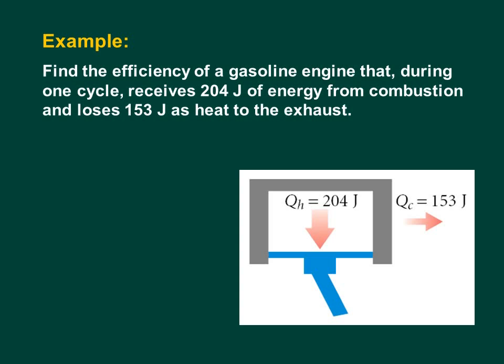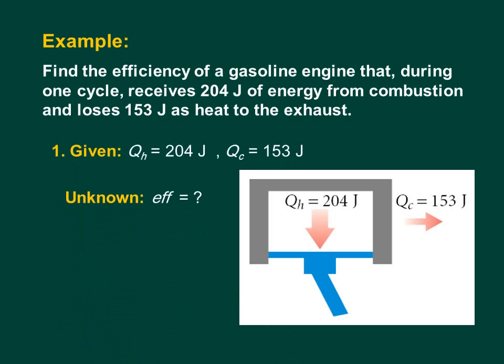This heat is converted into work and a part is lost to the surroundings, 153 joules, QC. QH equals 204. So the given is QH equals 204 and QC equals 153. The unknown is the efficiency.